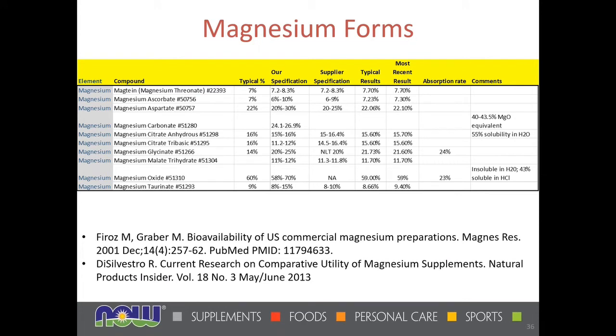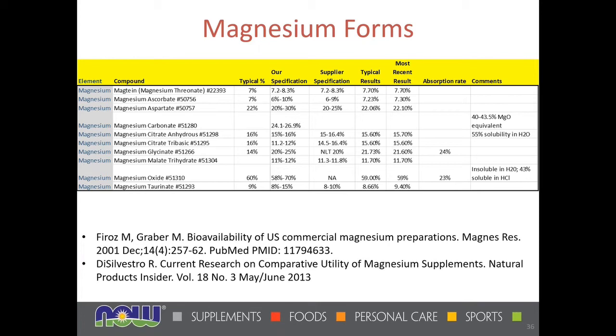So here's a similar chart that I created for the calcium, showing some of the magnesium formulas. And you can see there's different forms similar to what we saw for calcium. There's ascorbate and carbonate and citrate and glycinate and malate and oxide. A couple other forms, the threonate and the taurinate, a couple of amino acid chelates bonded to amino acids.